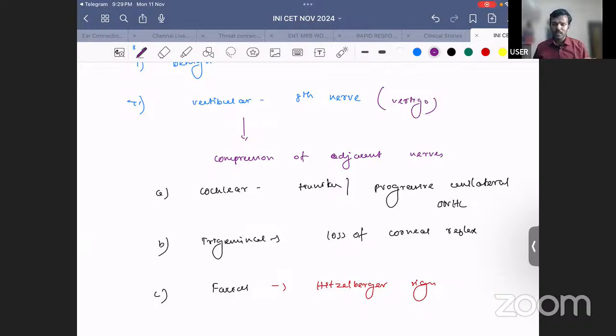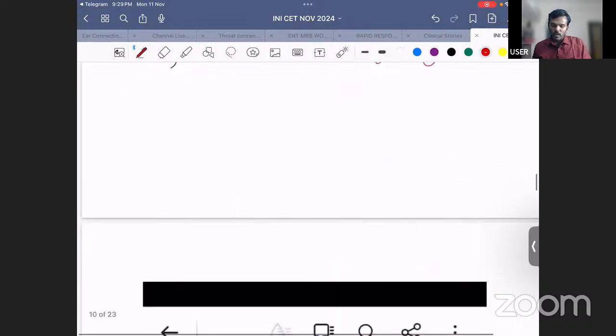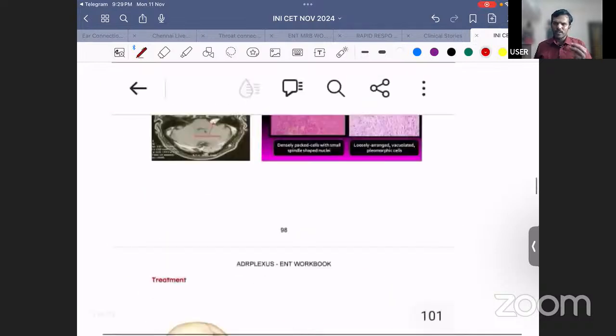So arising from the Schwann cells of the vestibular division of the eighth nerve, it is called a schwannoma. Now, we can't take a biopsy because it is an inner ear tumor.